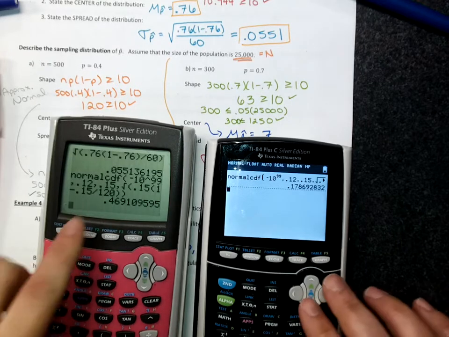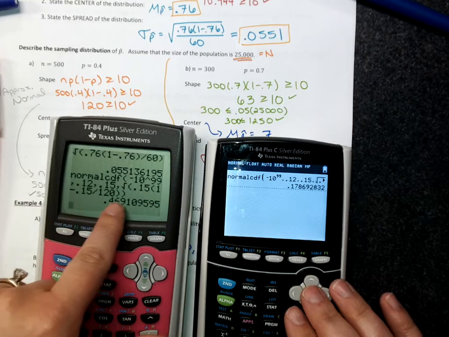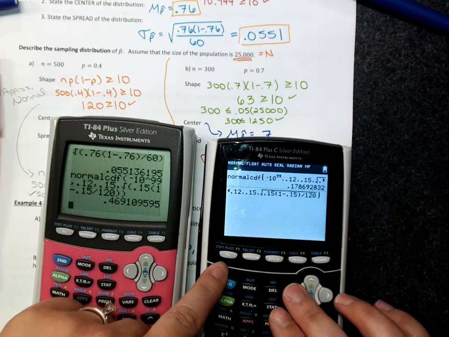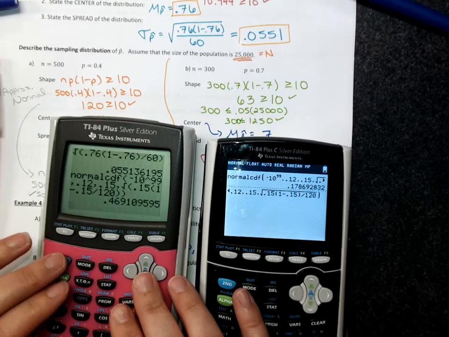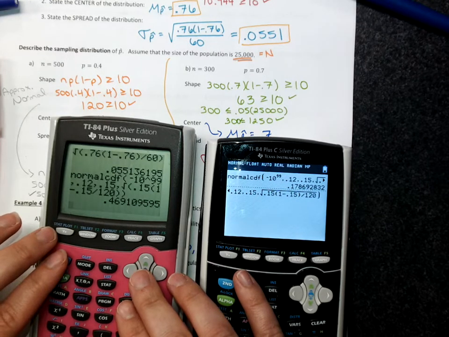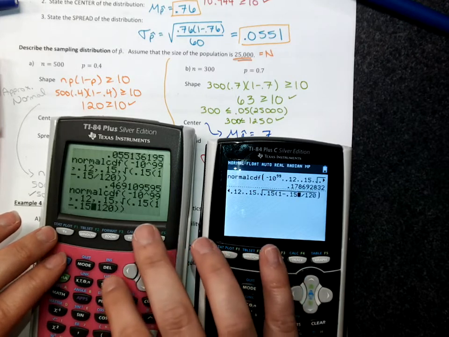Uh-oh, we did not get the same answer here. Let's see what happened. That looks right. Must have done something wrong on this one. Oh, I see what I did.